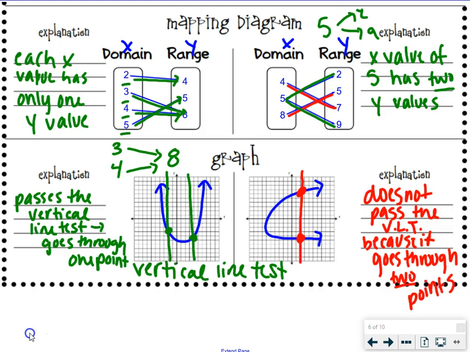That should be a common theme in the not a function. If your x goes to 2 y values, or if your vertical line goes through 2 or more points. If it went through 3 points, it still wouldn't be a function. It can only go through 1 point to pass the vertical line test. Because remember, each x value can only have 1 y value.